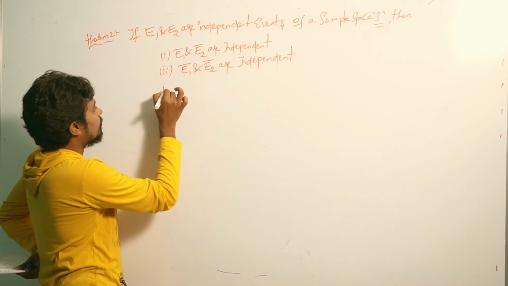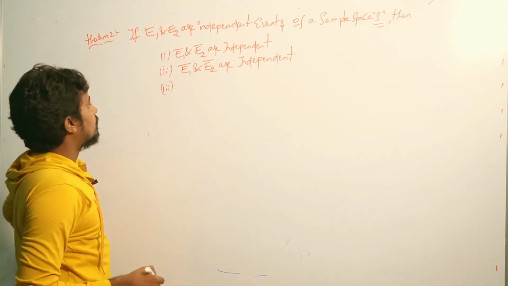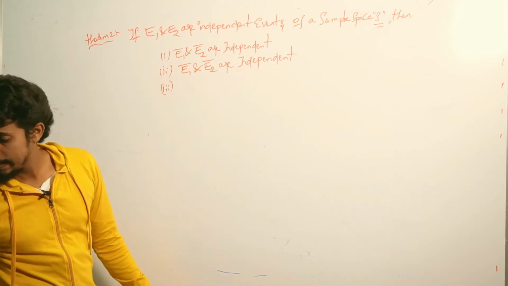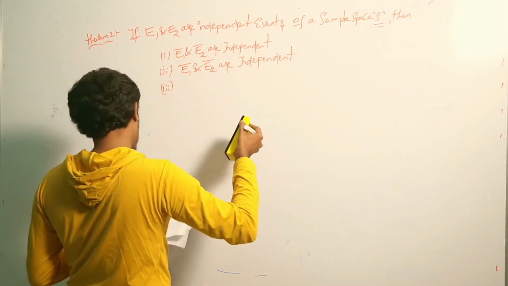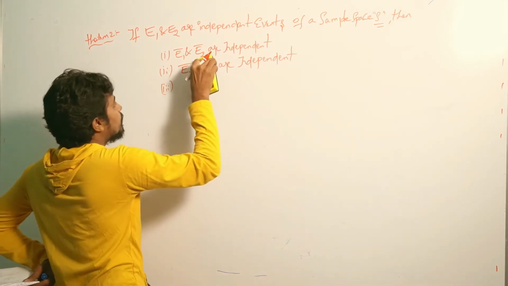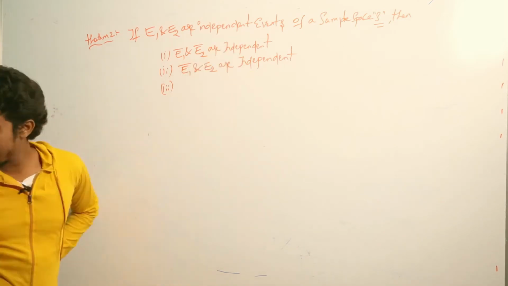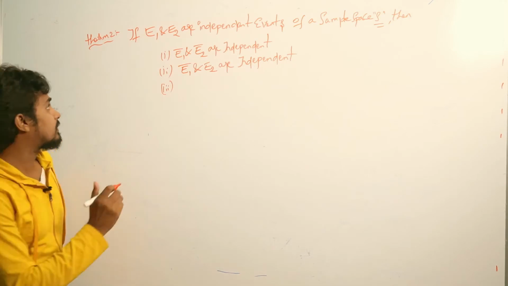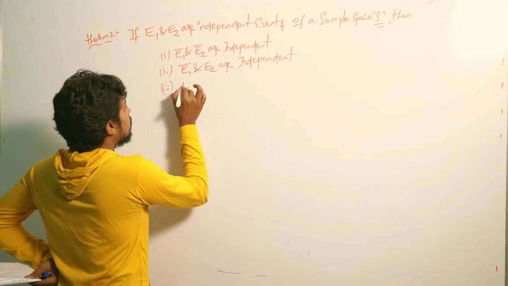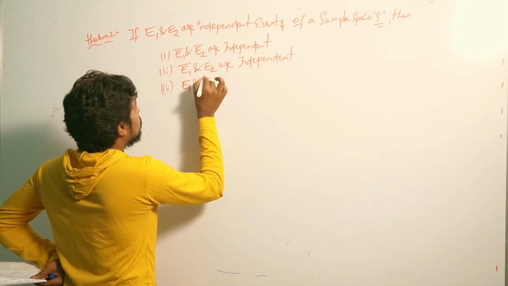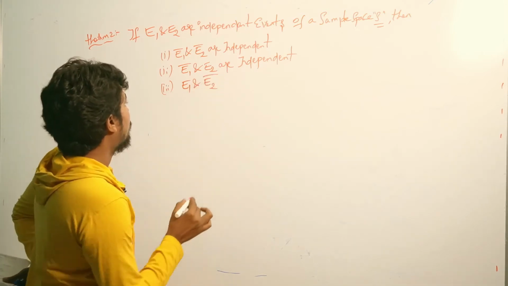Similarly, third question, this will be E2 only. Next, this will be E1 and E2 bar are independent.